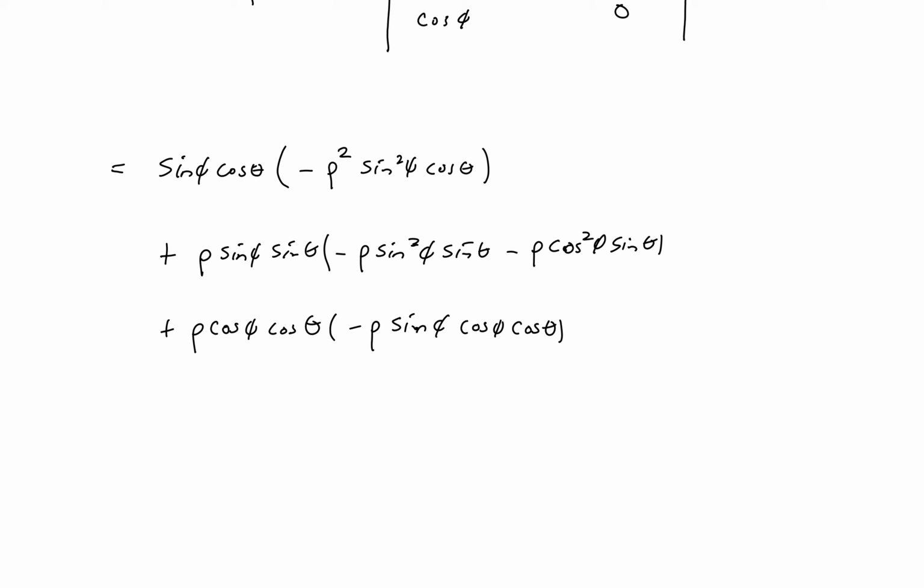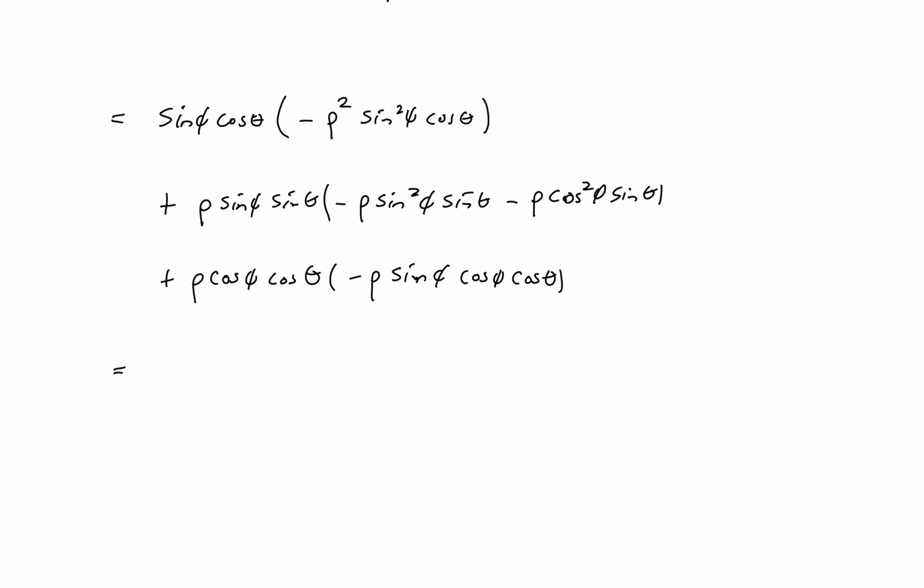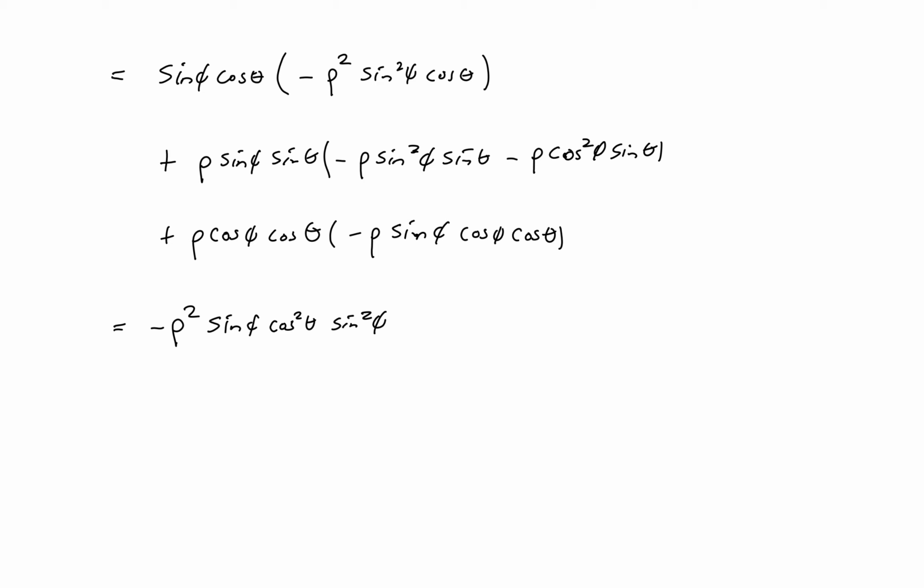Now we've got a lot of simplification left to do, but most of this comes pretty quickly. So if I multiply this out, I get a minus rho squared, and then in the first term I'm going to get a sine phi, cosine squared theta, sine squared phi. And certainly you could bring those together, but we're going to choose not to bring the sine phi and the sine squared phi together. We get minus rho squared, and I'm going to get a rho squared. Let's leave the sine phi and the sine theta out front for a second.